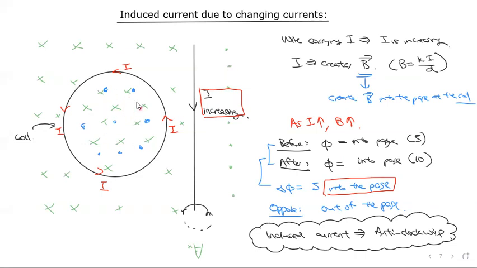As it gets stronger, the change is more into the page, which means it wants to go against that. So it wants to create out of the page, which means it's going to flow in an anti-clockwise direction. There are some shortcuts we can use, but this is the fundamental way to think about it.